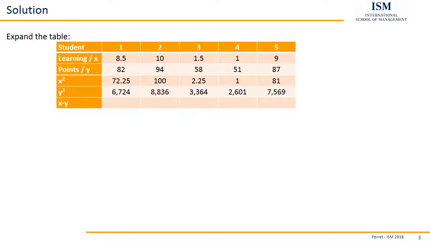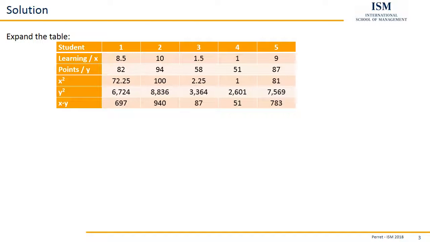Finally, in the last row we calculate x times y. So 8.5 times 82, 10 times 94, 1.5 times 58, 1 times 51, and 9 times 87.